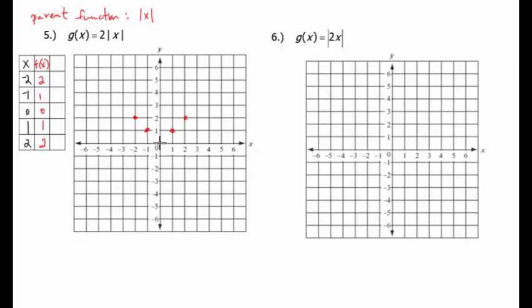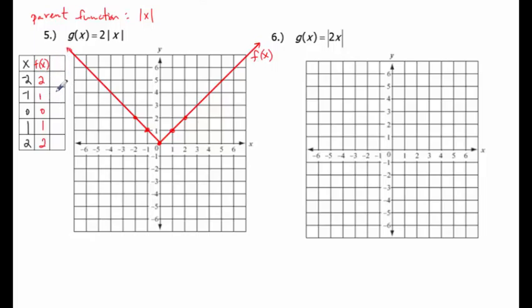All I need to do at this point is connect with a straight line. Be careful, these will continue to go through exact points. I need to make sure I have arrows here. Let's label this as f of x.